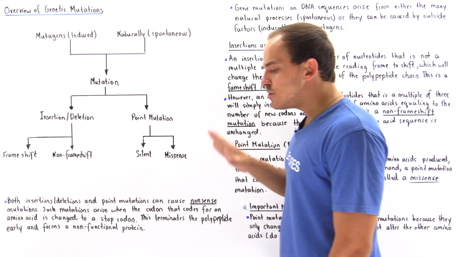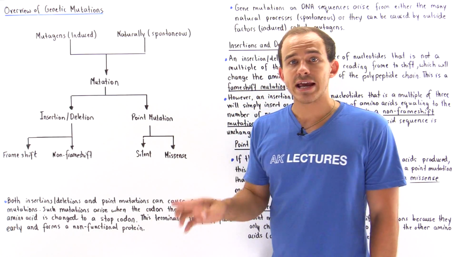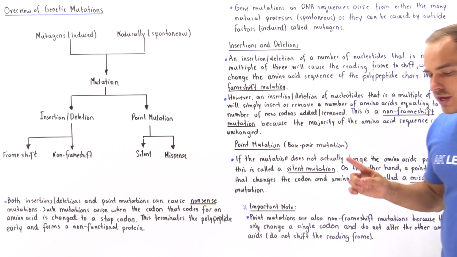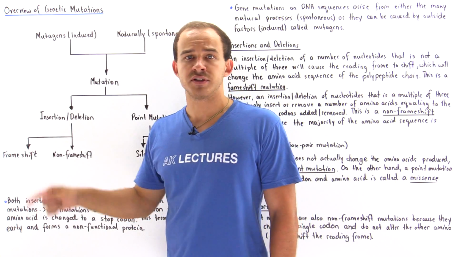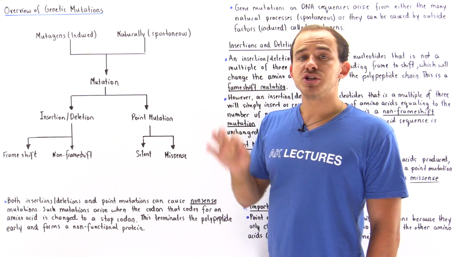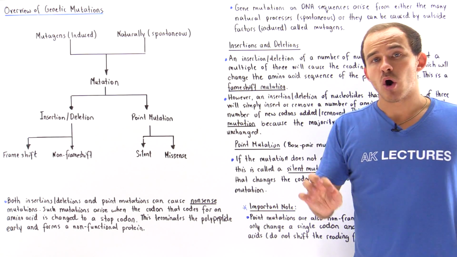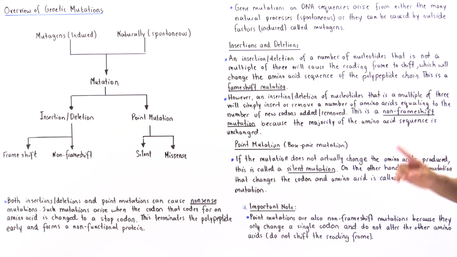Now, a silent mutation can either arise on the non-coding region of the DNA or on the coding region of the DNA. And the reason a silent mutation can arise on the coding region of the DNA is because our genetic code is degenerate, and that means more than one codon can code for the same exact amino acid.